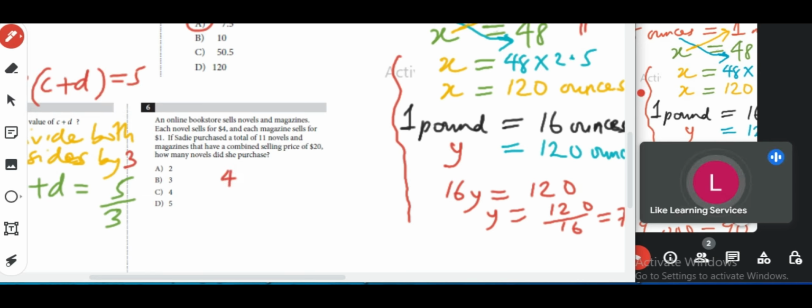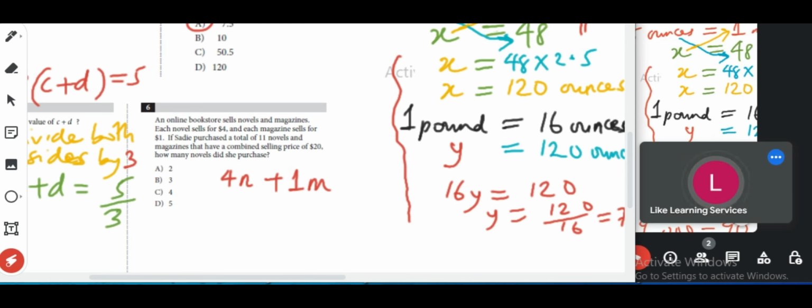All right, so £4 for novels and £1 for magazine, so 4N plus 1M is the total price. Watch me. £4 for each novel, and £1 for each magazine, so it will be 4N plus 1M.